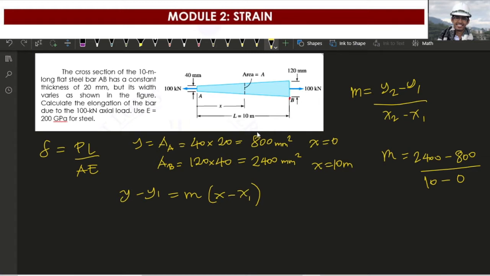Okay? So substitute lang natin dito, no? So let's consider na yung y will be yung area natin. So y will be yung area natin. So that will be area minus yung y1 natin, consider natin, that will be 800, no? Yung ito yung y1 natin. Tama? Yung 800, that is equal to the slope. So that is 2,400 minus 800 divided by 10.